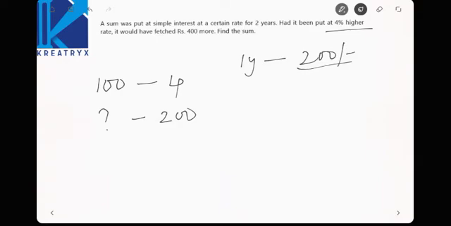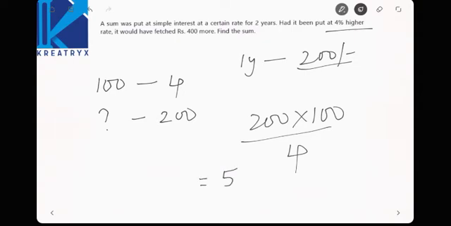See here, 200 into 100 by 4, that will lead you to how much? 5,000 rupees. So you have to invest 5,000 rupees. Am I right? Right, got the thing? Okay.